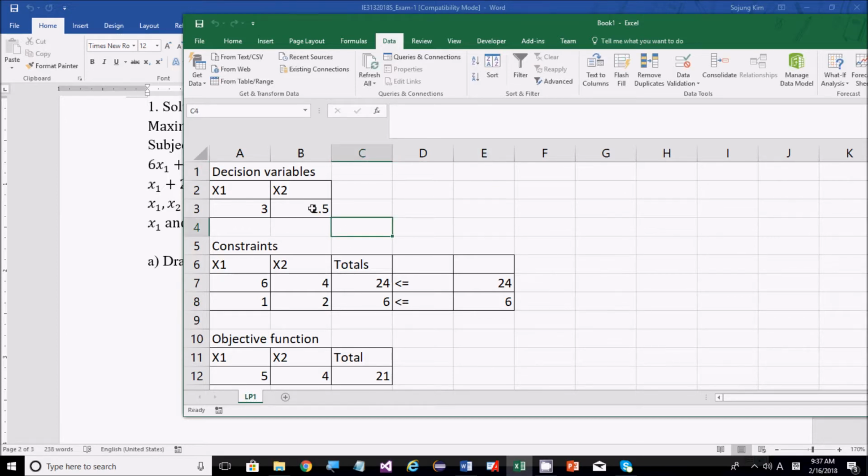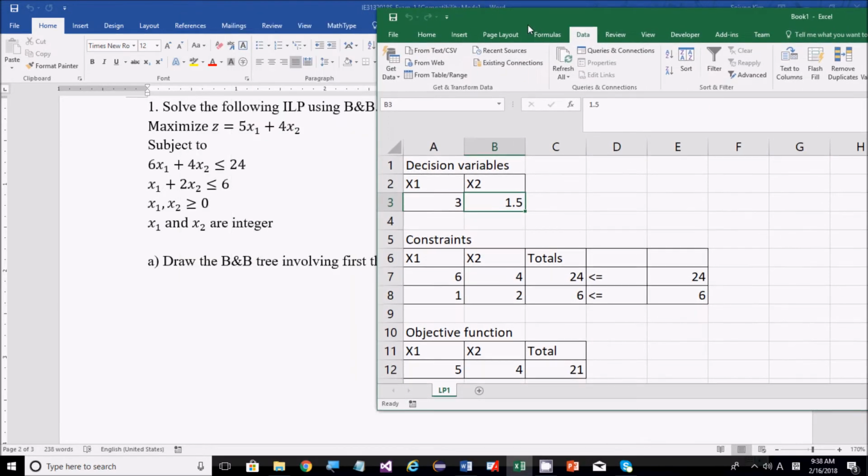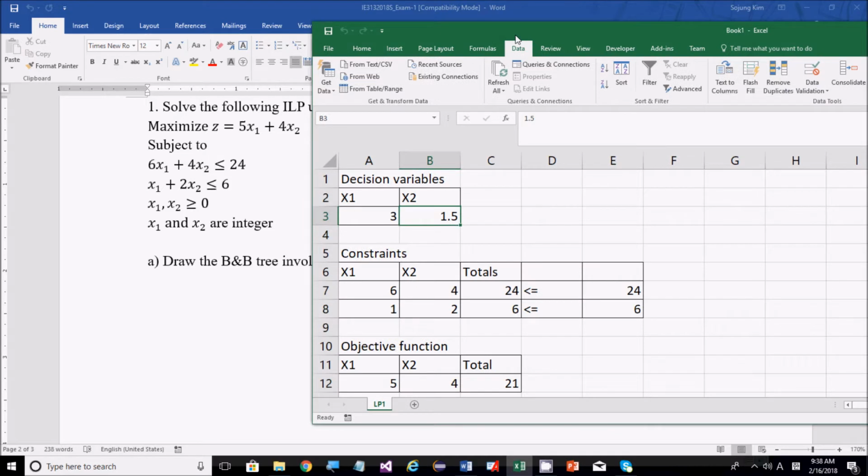So what's the issue? Unfortunately, x2 is a real number, right? If you look at the original problem, it's integer linear programming, so all variables must be integers, not real numbers.